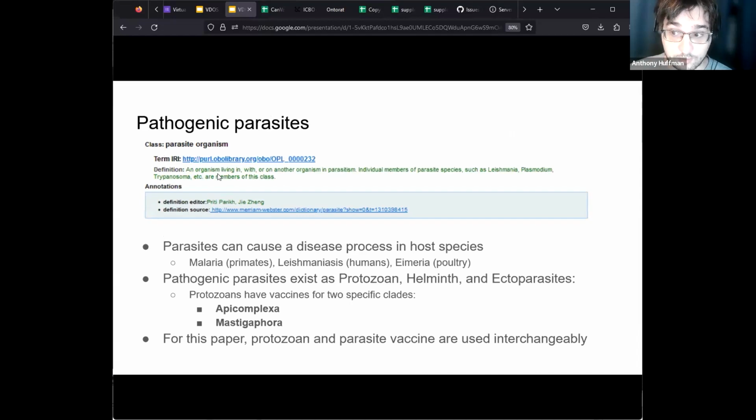A parasite organism by itself is any organism that engages in parasitism of another organism. That is, it's drawing some nutrients or causing some sort of negative relationship as it benefits at the cost of another. In this context, we're mostly focusing on parasites that can cause a disease process in their host species.